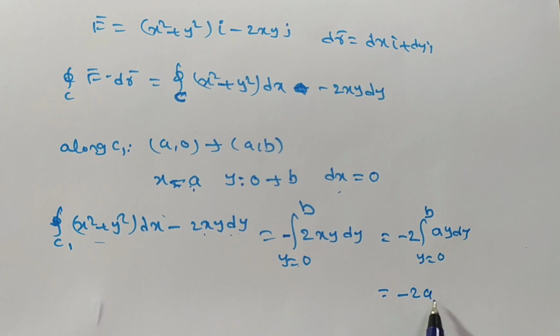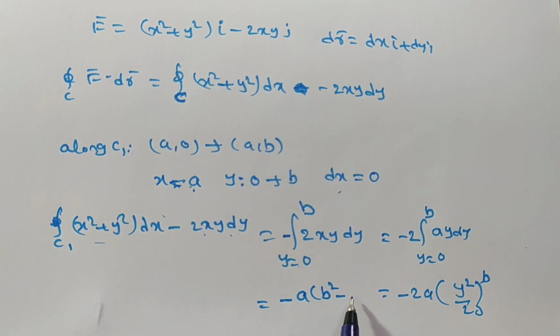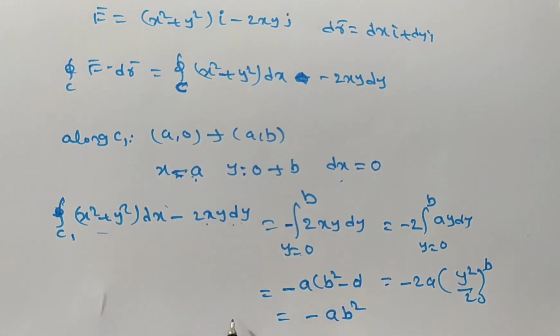So minus 2a I am writing outside. The y integration is y square by 2, limits from 0 to b. So the denominator 2 and numerator 2 get cancelled. Then you will have minus a into, upper limit b means b square, lower limit 0 is nothing but 0 square. So you will have minus a b square. This is along the C1 curve.